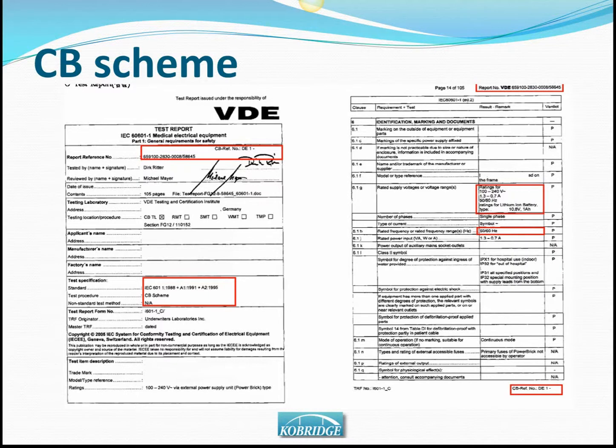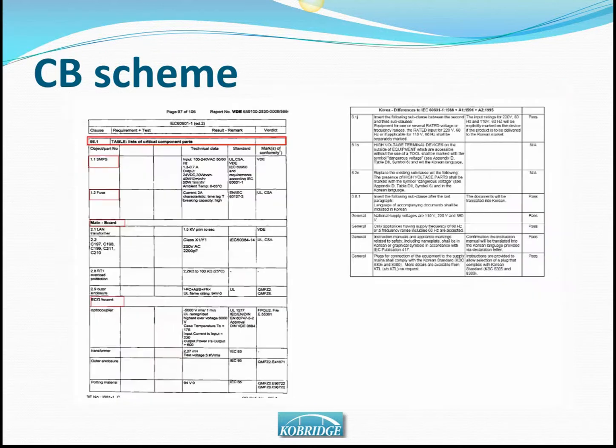After that, here is a kind of repetition of what we said before on the left, and on the right side is the content of the report. Again, here we find the ratings, that includes the supply voltage and the range of voltage, and also the frequency, and we have also the reference of the report at the bottom that should be always specified.